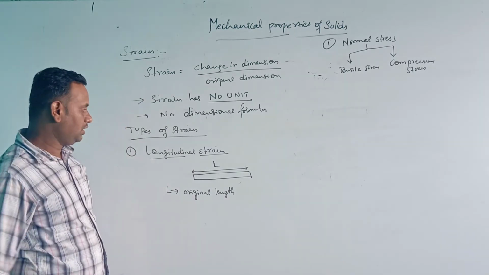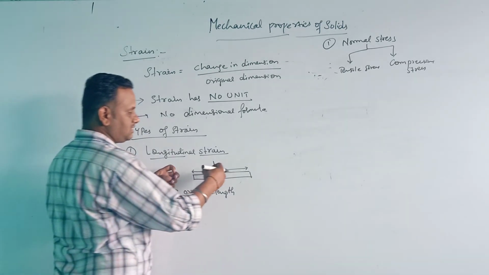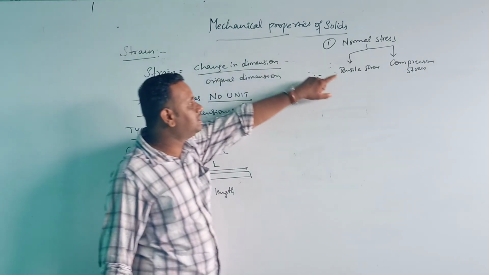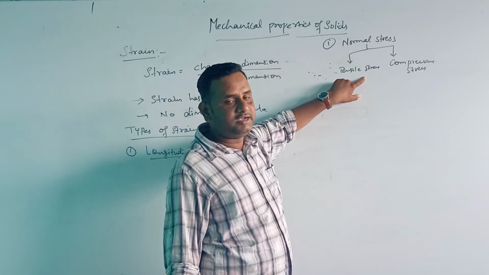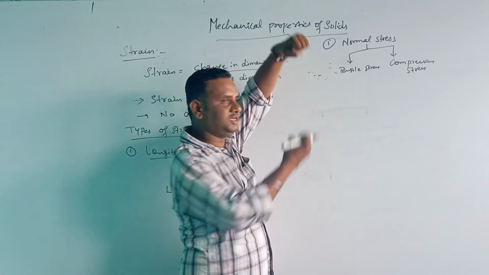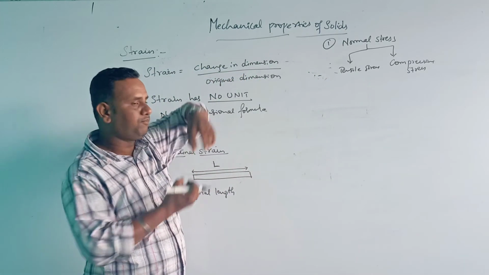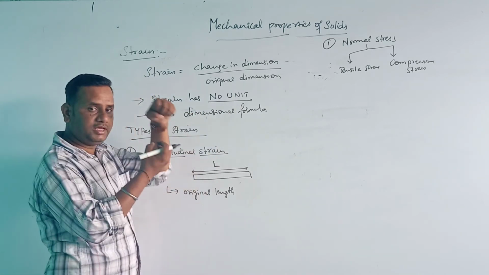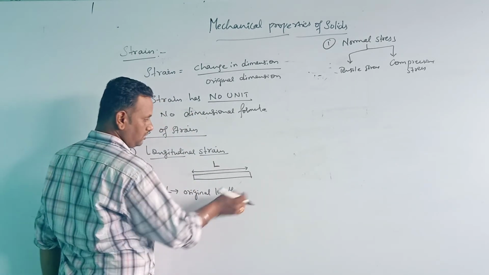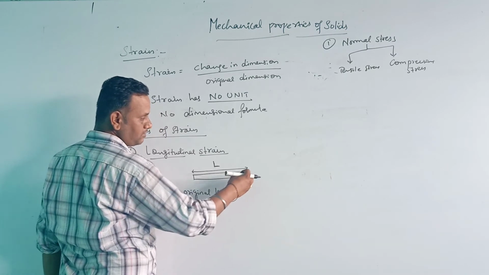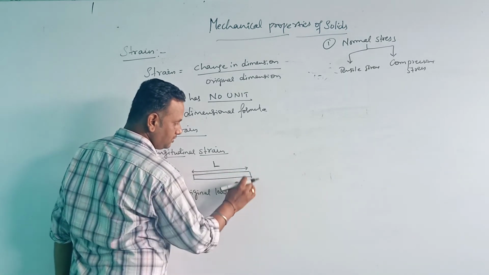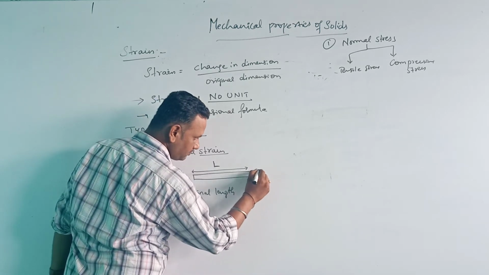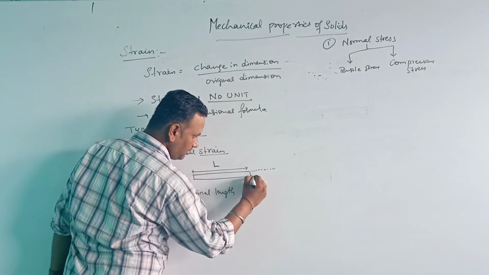Now, as I told you in the tensile stress, if I stretch it, if I pull from both the sides, then what happens? There will be an increase in the length. So if I pull this rod, that is, stretch it by applying some external force, then there will be some increase in the length.